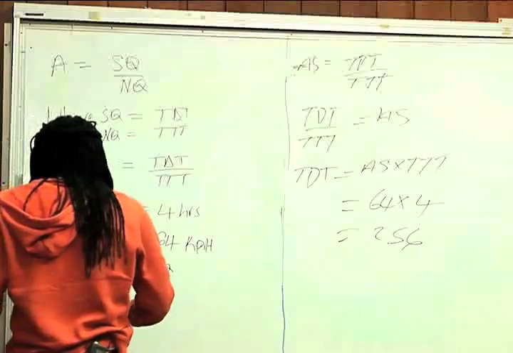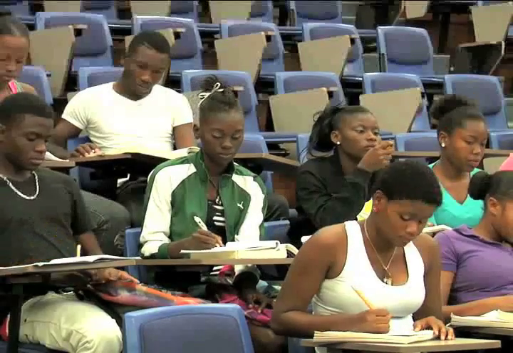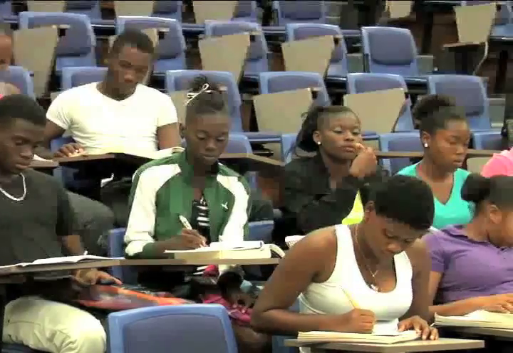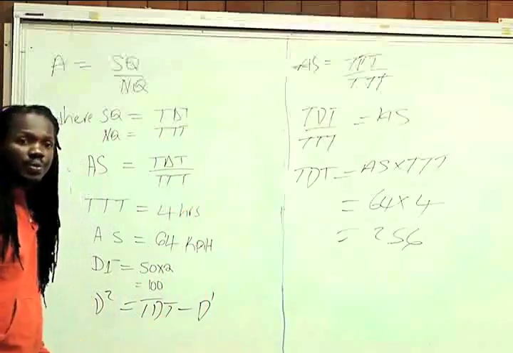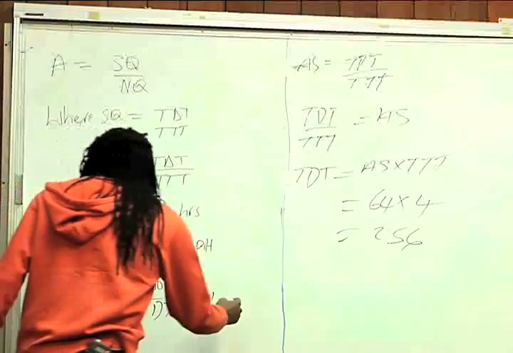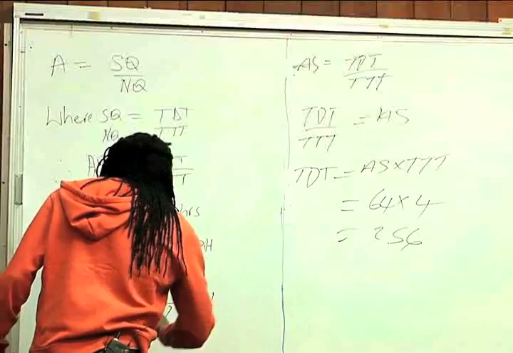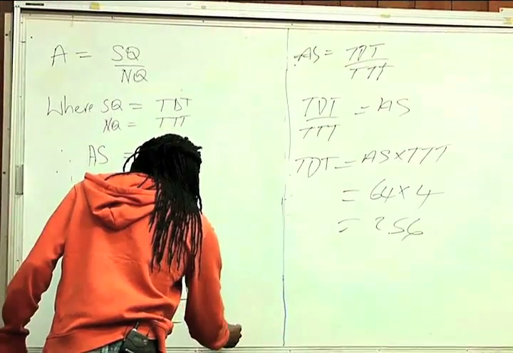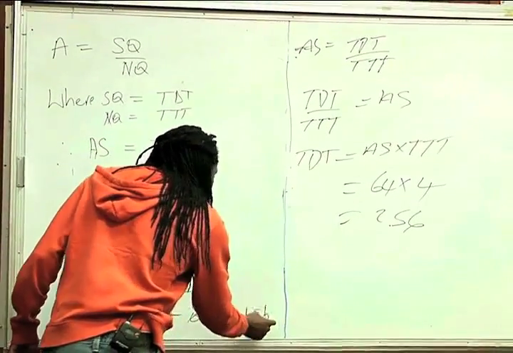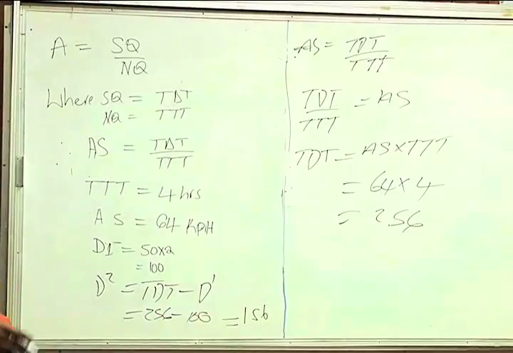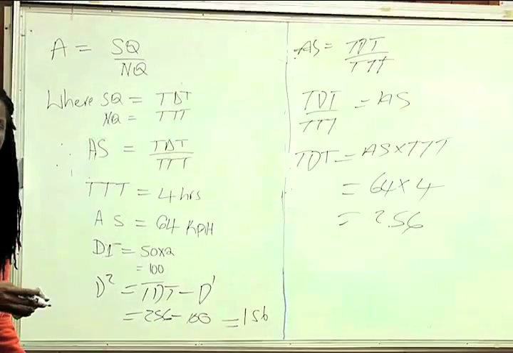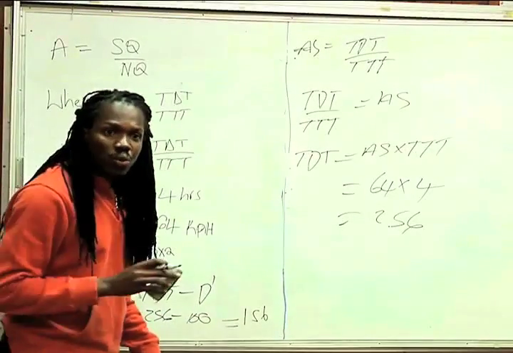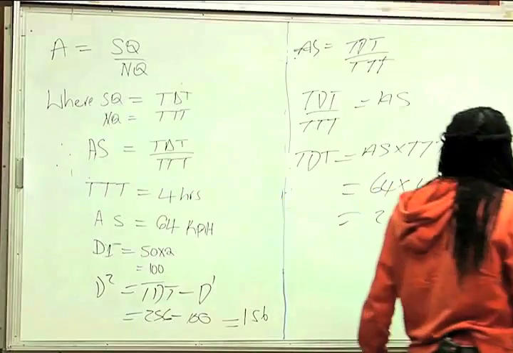That means distance 2 equals total distance traveled minus distance 1, not true? Distance 2 equals 256 minus 100, so it is equal to 156. What is the question? Find the average of distance 2.